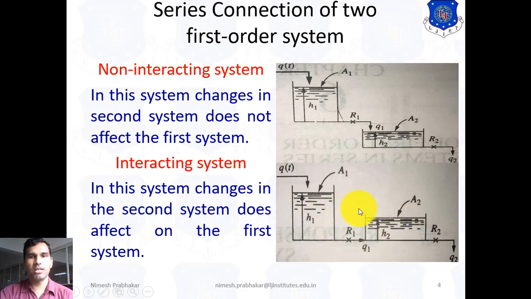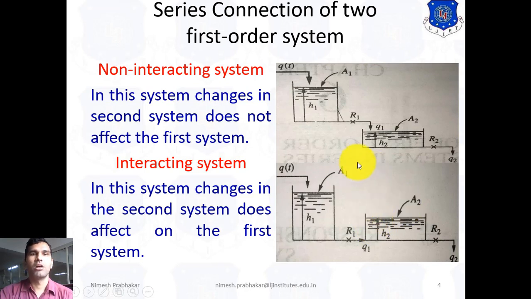But the connection is slightly different from the non-interacting system. A change in the second system affects the first system, because if the liquid level changes, it also affects the liquid level in the first system. This type of system is known as an interacting system.